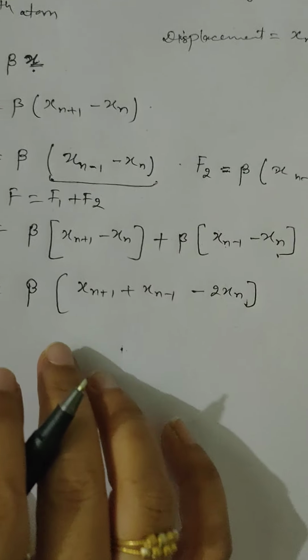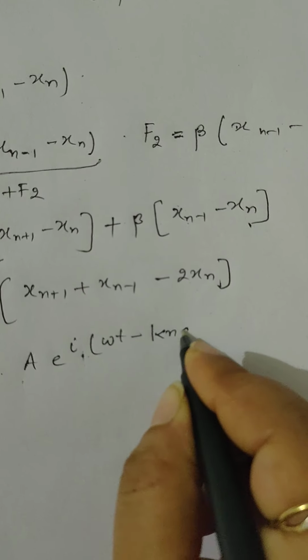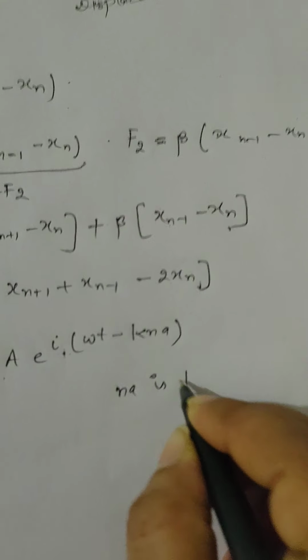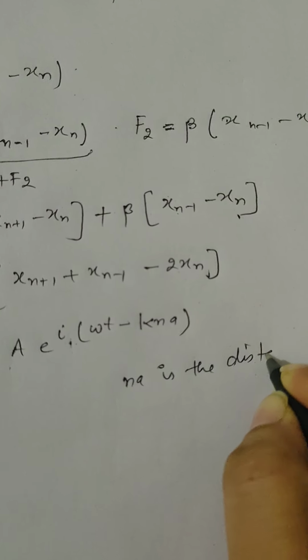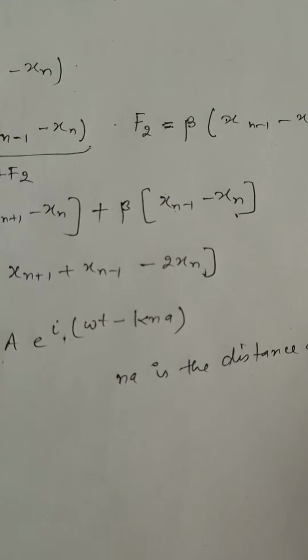If the solution of this is xn equal to a e raised to power iota omega t minus k n a, where na is the distance of the nth atom from the center.